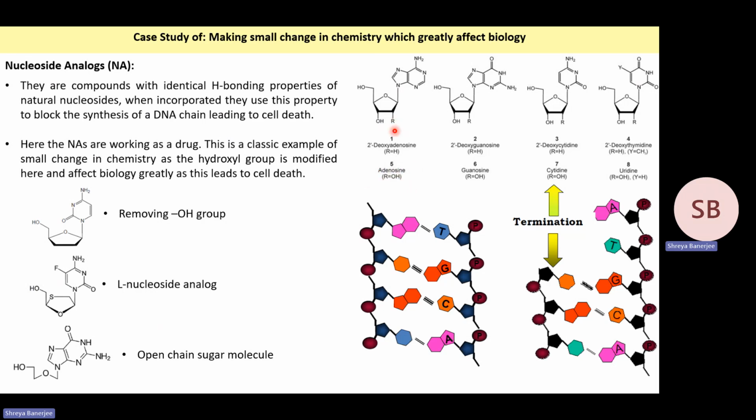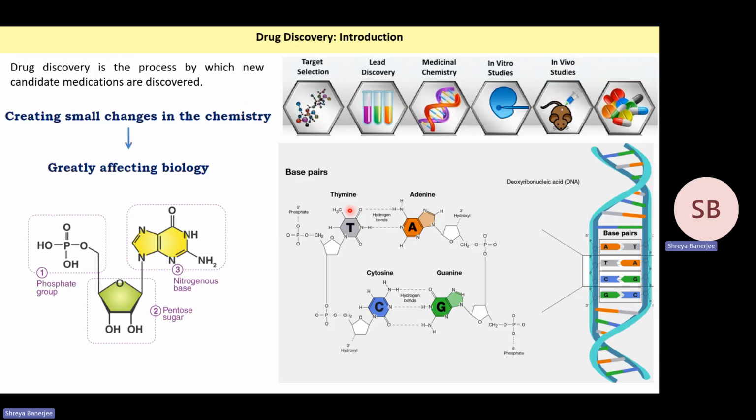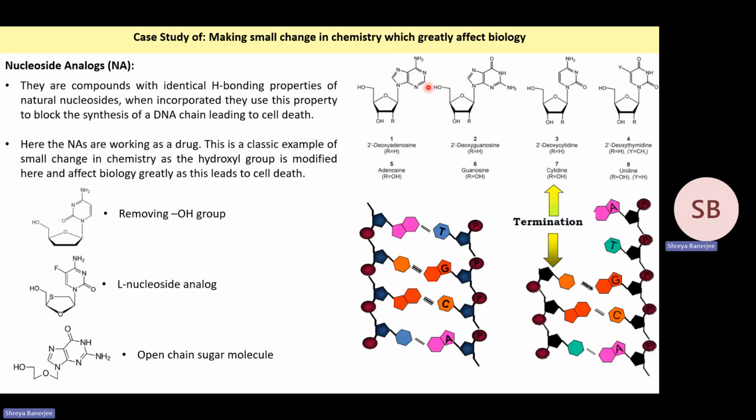But when the OH is replaced by an H, it is called 2' deoxyadenosine, because at this 2' position, the oxygen is lost, and instead of OH, there is an H. This molecule, 2' deoxyadenosine, is a nucleoside analog, which will behave similar to a nucleoside in terms of hydrogen bonding, because you can see in hydrogen bonding, the sugar is not involved. It is just the nitrogenous base. So because the nitrogenous base is unaffected, it will have similar hydrogen bonding properties to the natural adenosine.